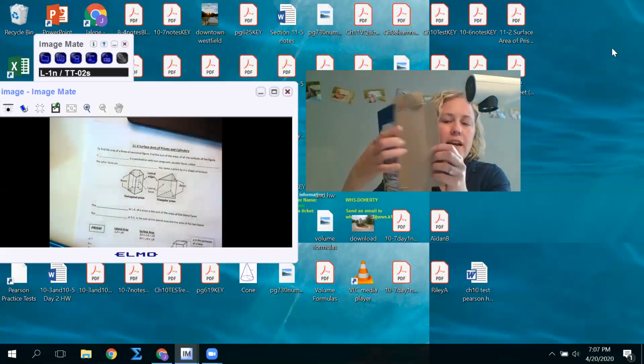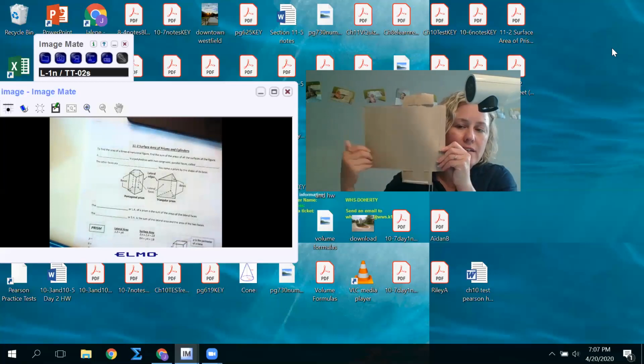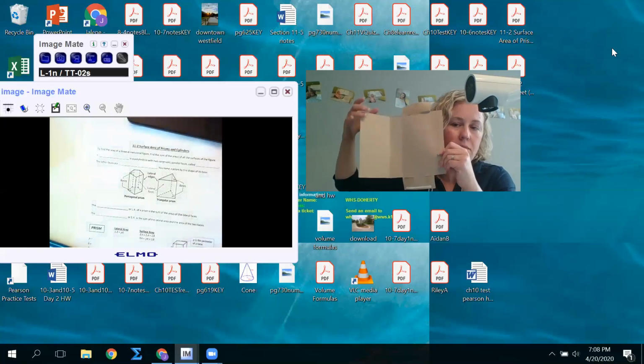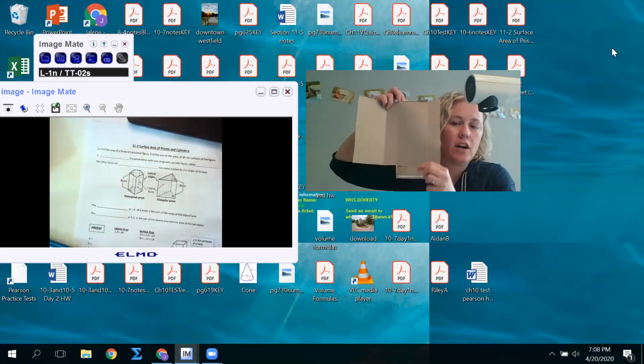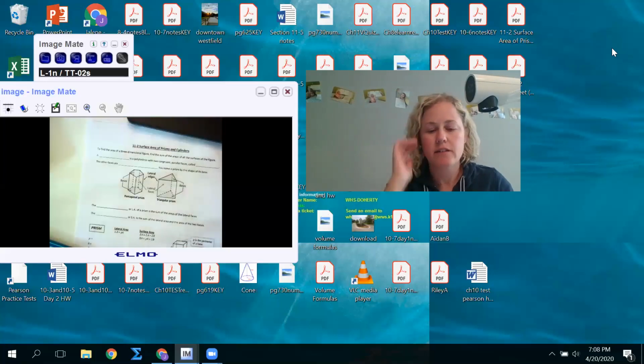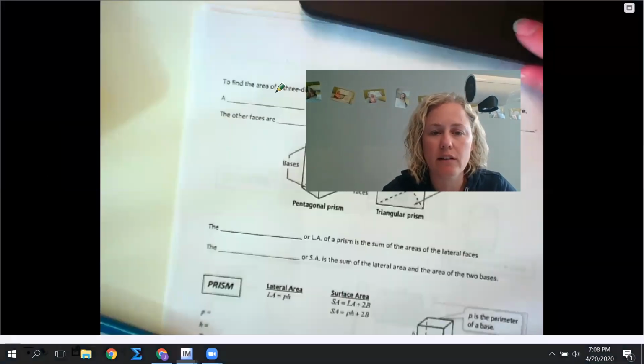So to find the area of this big rectangle, we're going to take the perimeter of the box times the height of the box. And then we'll add on our 2 bases. So that's what the formula is going to look like, and we'll get to that here in just a second.